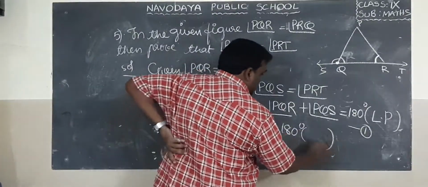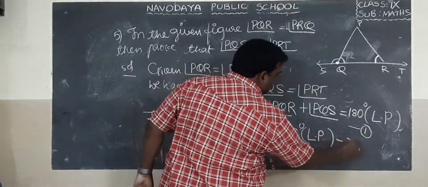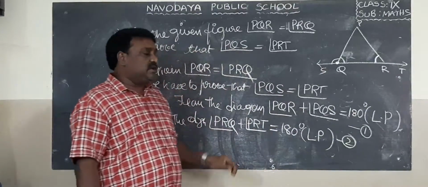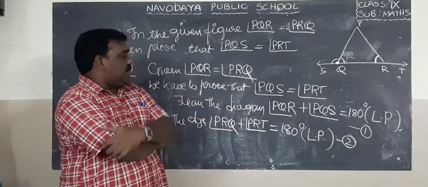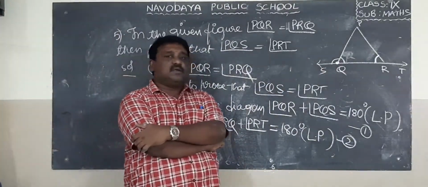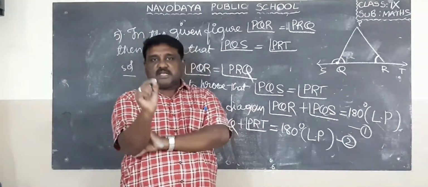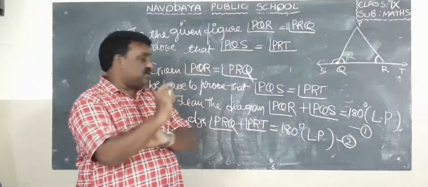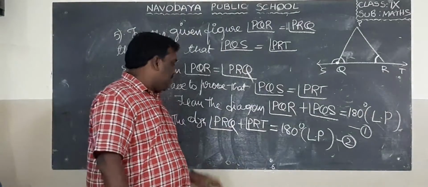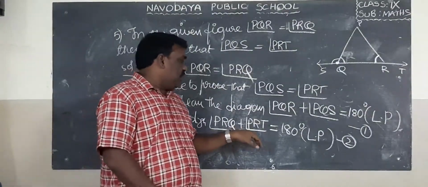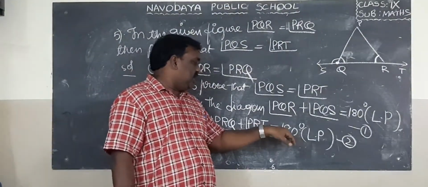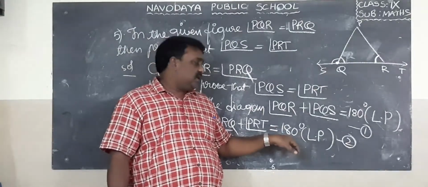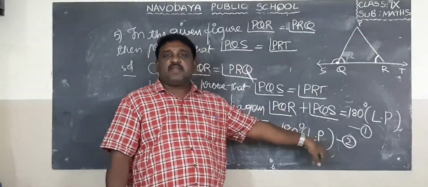Same reason. Linear pair. Equation 2. First equation, angle PQR plus angle PQS equal to 180. What is the reason? Linear pair. Equation 1. Second equation, angle PRQ plus angle PRT equal to 180. What is the reason? Linear pair.